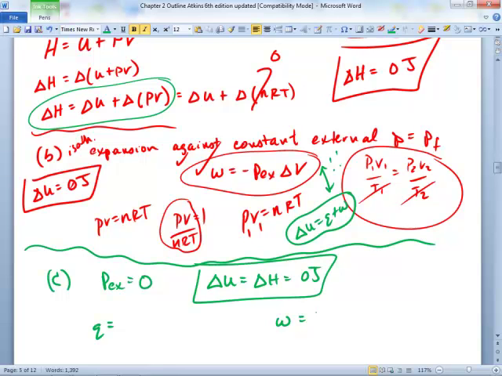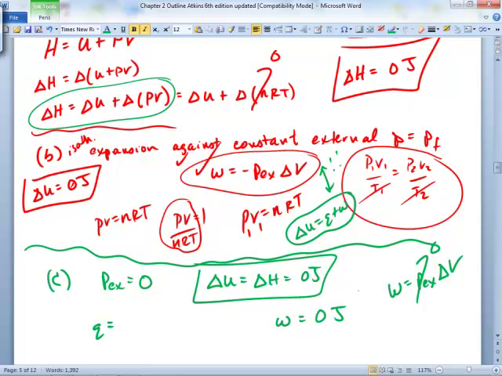So Amberly, what's up? How are you going to do this? We still need a Q and we still need a W. You hear what he's saying? If your external pressure is 0, you're going to get 0 times something. Exactly. Let the equations guide you. This guy's 0, so W is 0.